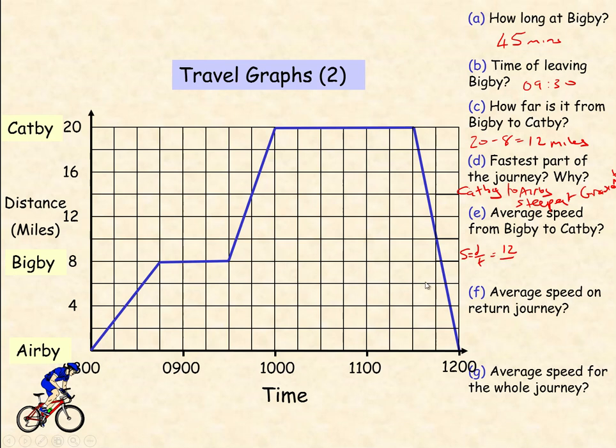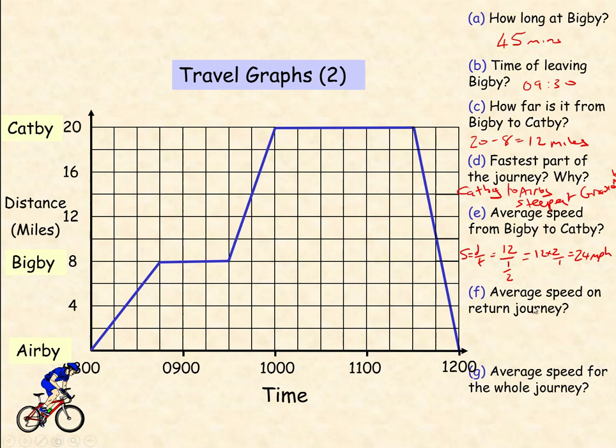Now 30 minutes is half an hour, so you can do 12 over a half. So you can do 12 divided by 0.5, or remember what we said, you can do 12 times, flip the fraction, so we turn it from division to multiplication, 2 over 1, and that's 24 miles per hour.